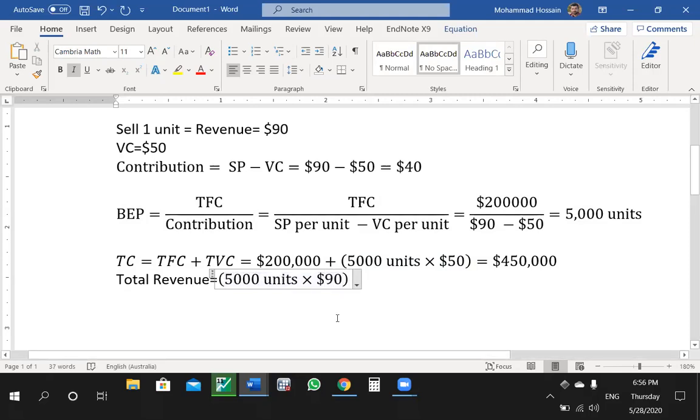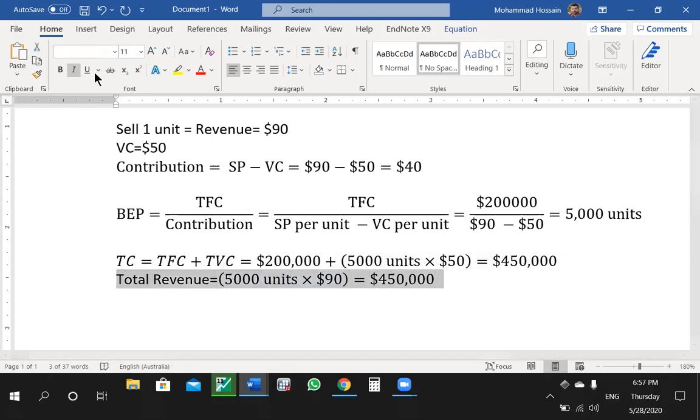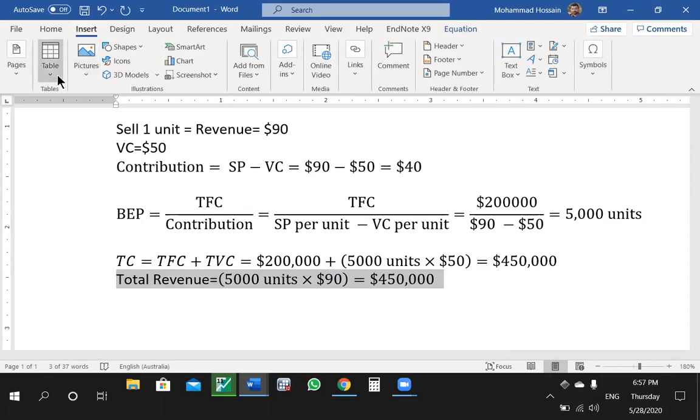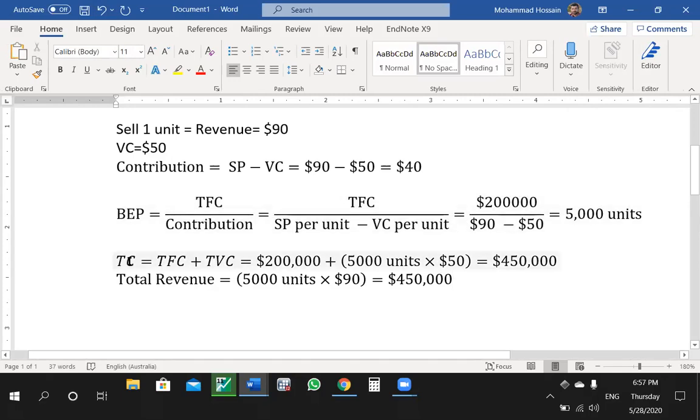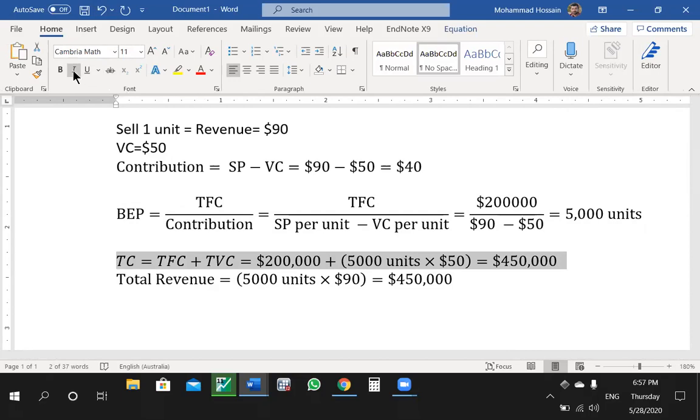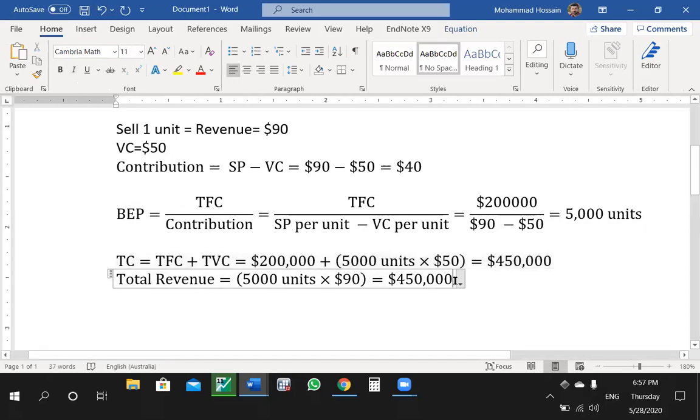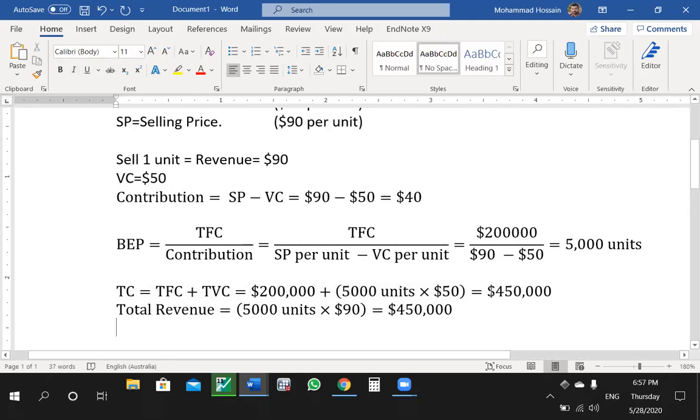So you see here it is again $450,000. Your total revenue is actually your total expense, total cost. So what is your profit here? No profit, no loss. This is called the break-even point.